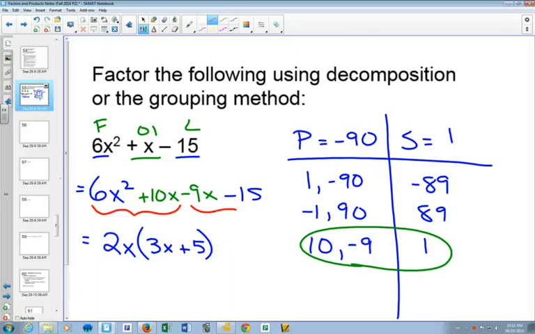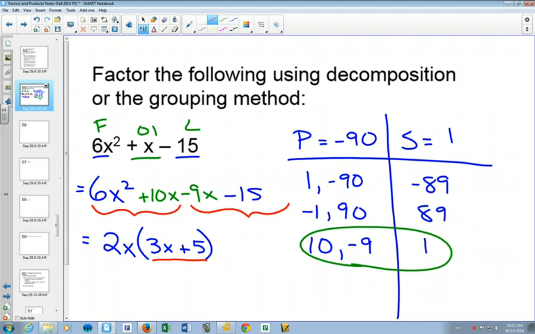Now when you look at the second two, what you want to have happen is you want to have this 3x plus 5 come out again. So again, look for a common factor between the numbers. It's going to be a 3, but in order to get a positive 3x out of a negative 9x, I'd have to pull out a negative 3. Can you see that?